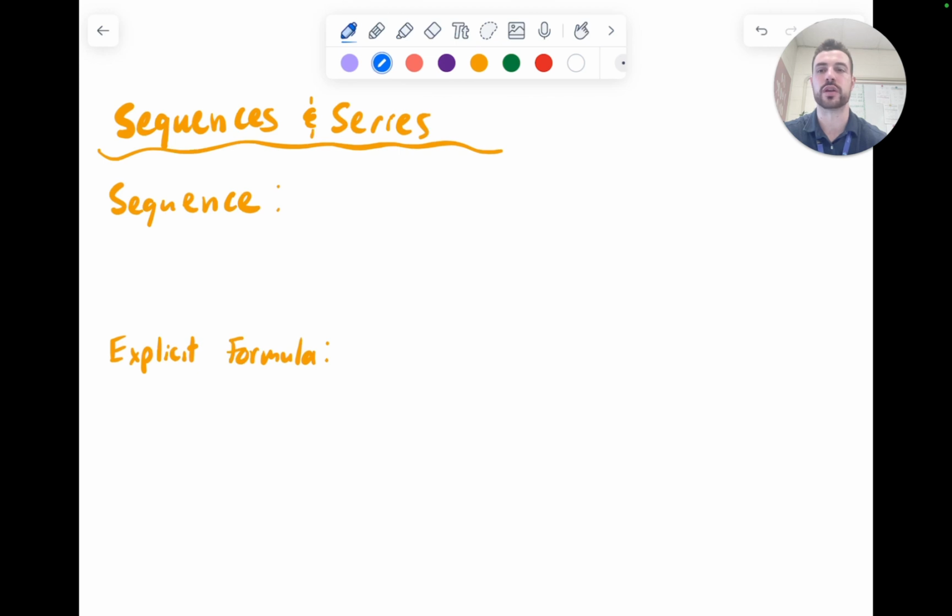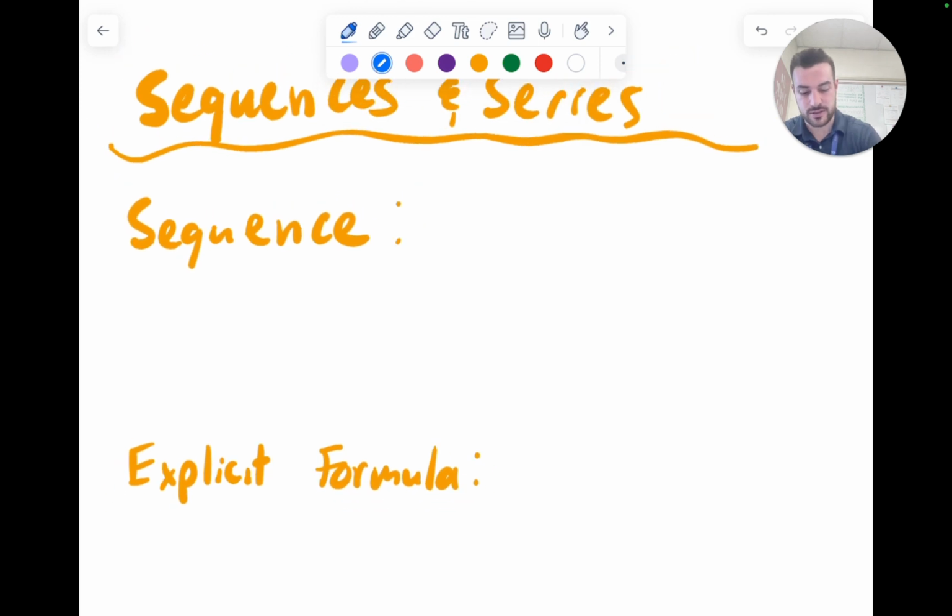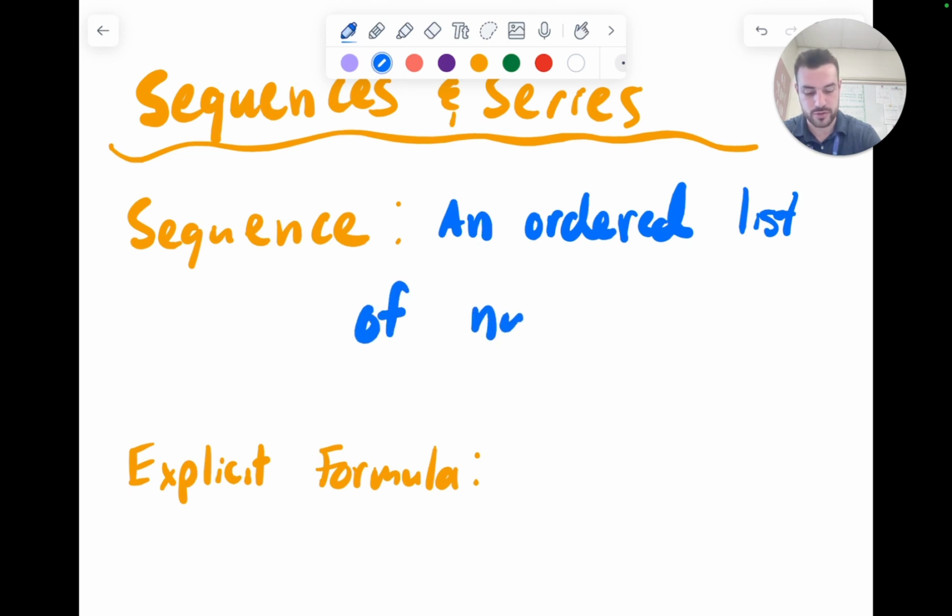Today what we're going to do is take a look at what we call sequences and series. So the first thing we need to do is describe and explain what a sequence is. A sequence is an ordered list of numbers.